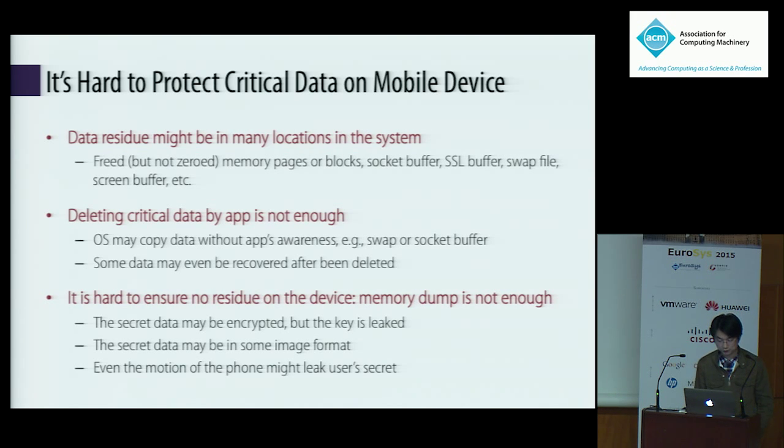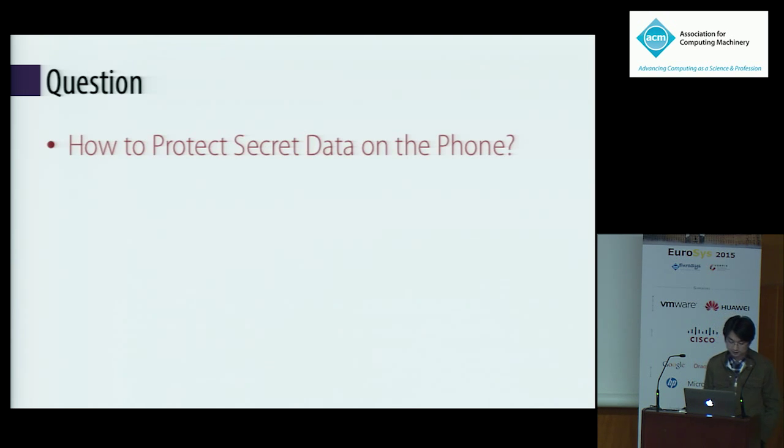And it's hard to be sure that there is no residue on the device. Just searching the memory dump is not enough, because the secret data may be of many different types in the system. So let's think about our question again: how to protect secret data on the phone?